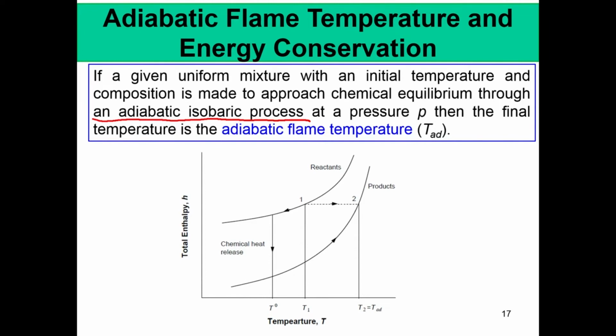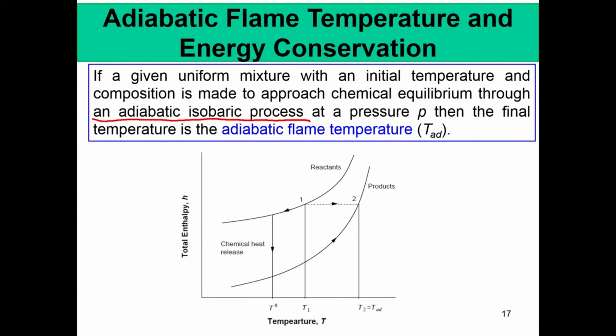Why is Tad higher than the normal temperature? That is a very basic question, right. It is almost an obvious question that I am asking: why is the temperature of the products higher than the temperature of the reactants? Because the reactants had once again very large enthalpy of formation. Now, because of the chemical reaction, that enthalpy of formation is converted into the sensible enthalpy of the products.